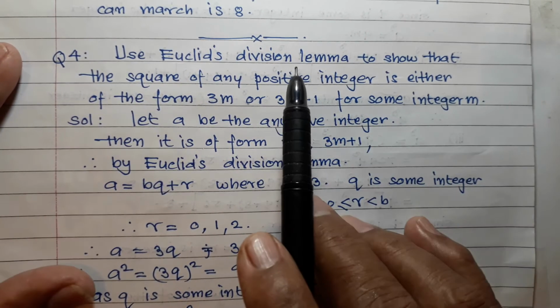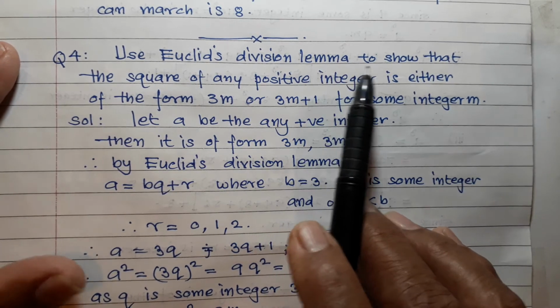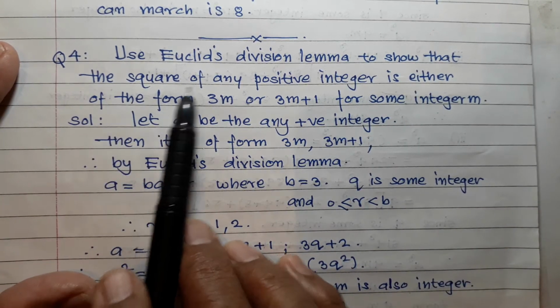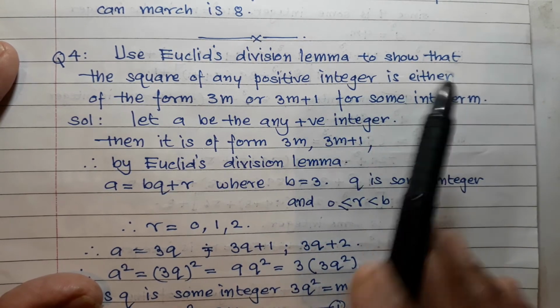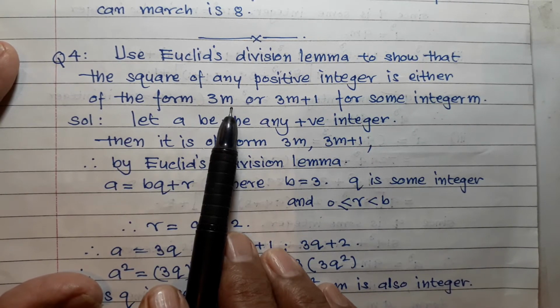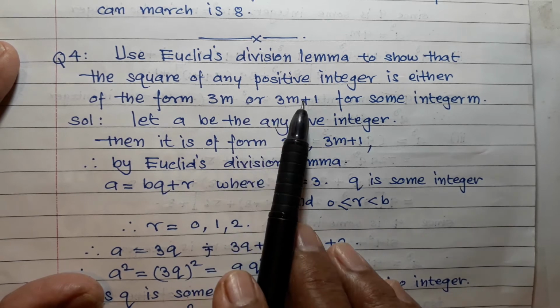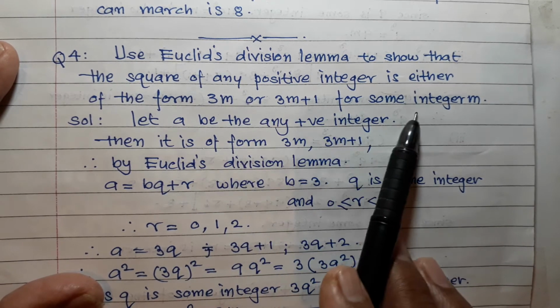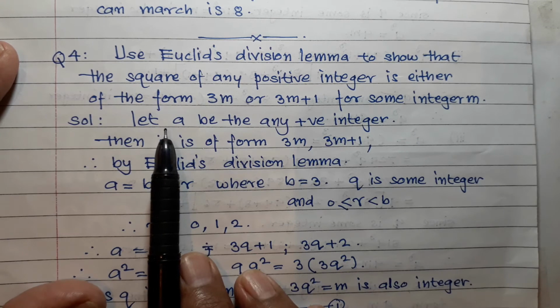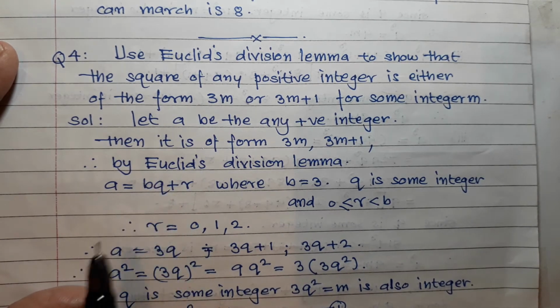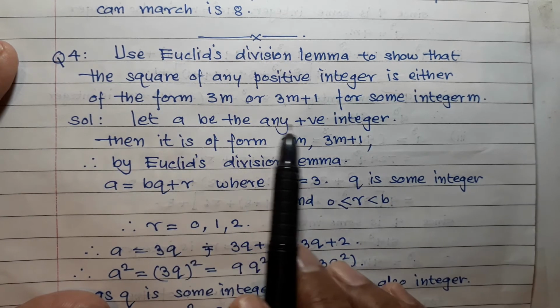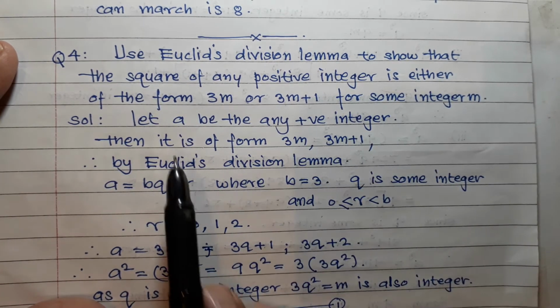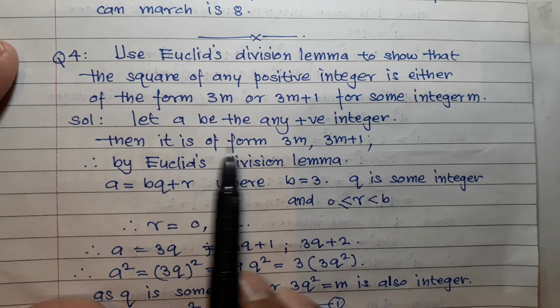Use Euclid's division lemma to show that the square of any positive integer is either of the form 3m or 3m + 1 for some integer m. Okay. Solution. Let a be any positive integer.